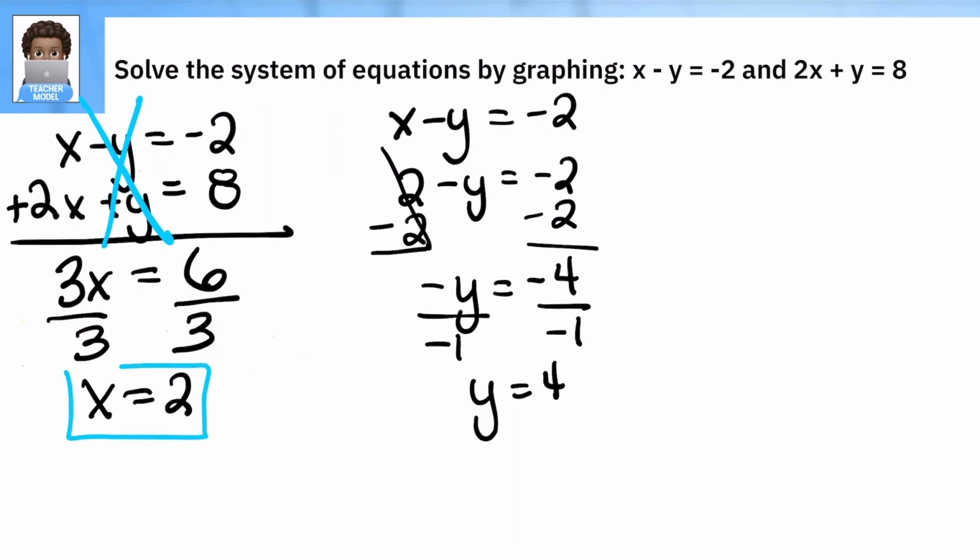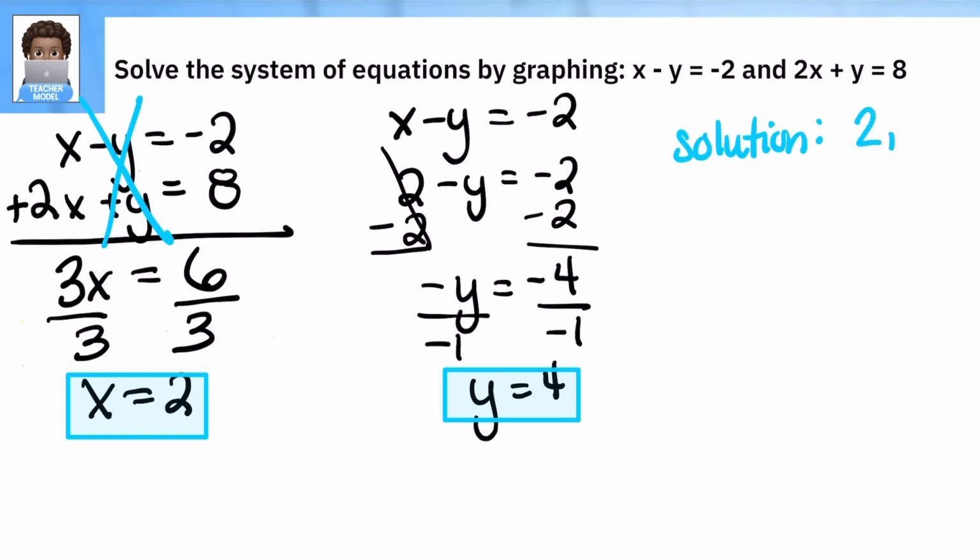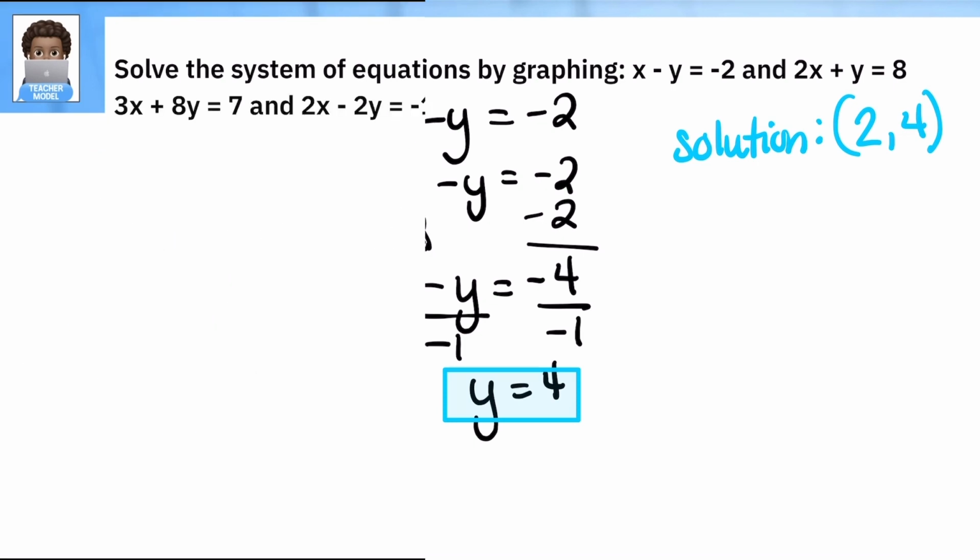We have our solution. x is 2 and y is 4. So these two equations are equal to each other when x is 2 and y is 4 at that exact point. So hit pause and jot this down into your notes.